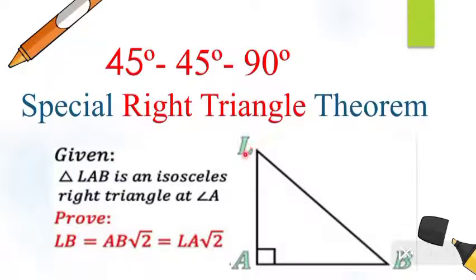Considering this figure, triangle LAB is an isosceles right triangle at angle A. This means that angle L measures 45 degrees, and so does angle B. Let's prove that the hypotenuse is equal to AB square root of 2, which is equal to LA square root of 2. Now let's proceed to my second slide.